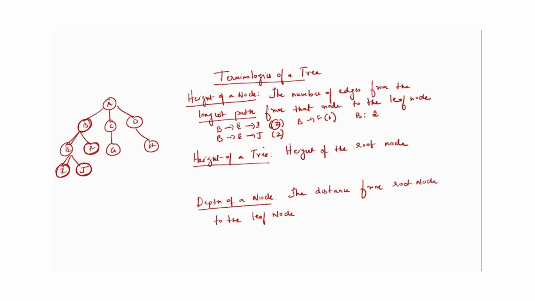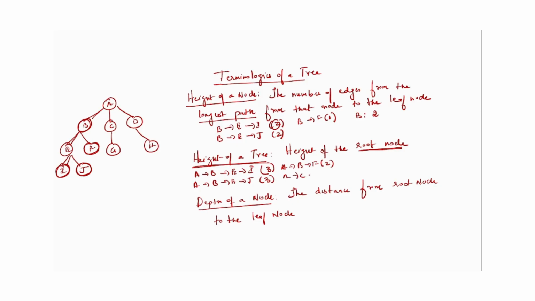Now, what is the height of a tree? Height of a tree is nothing but the height of the root node. So what is the height of the root node here? How many edges are there? A, B, E and I. So I have three edges, therefore height is 3. A, B, E, J. 3 edges, height is 3. A, B, F, height is 2.